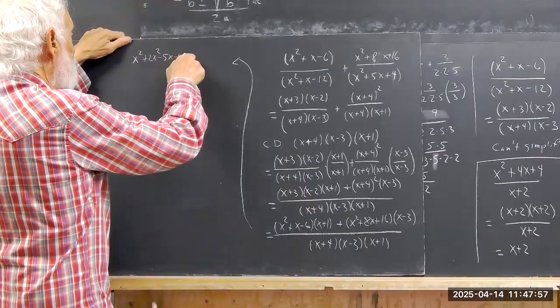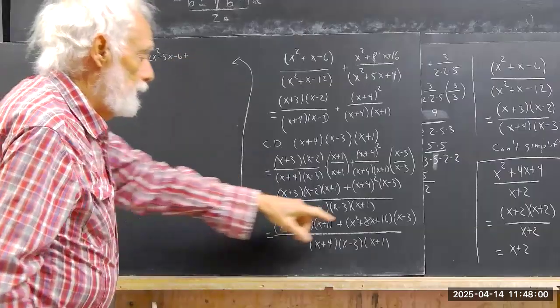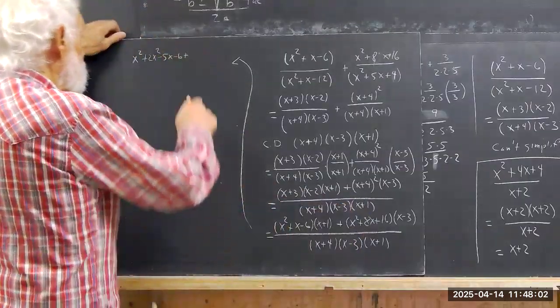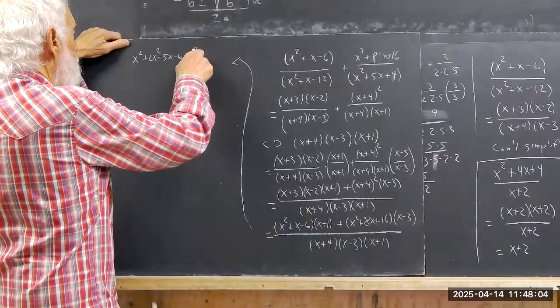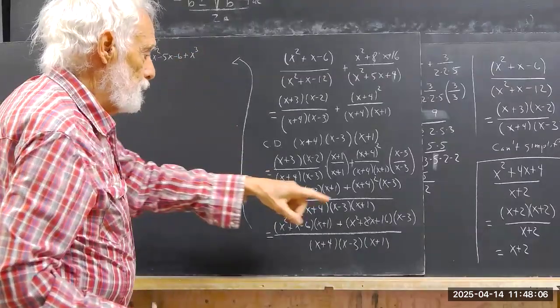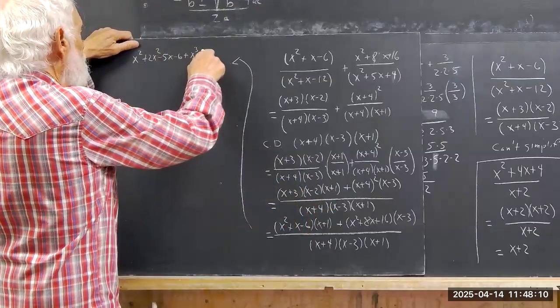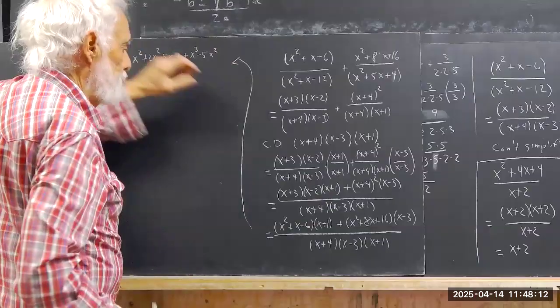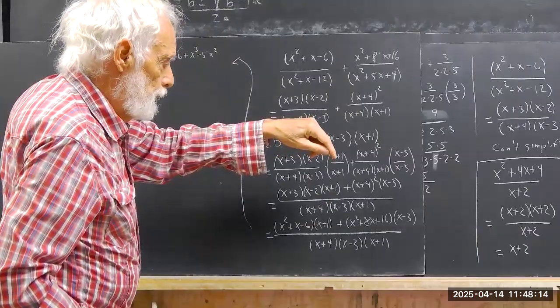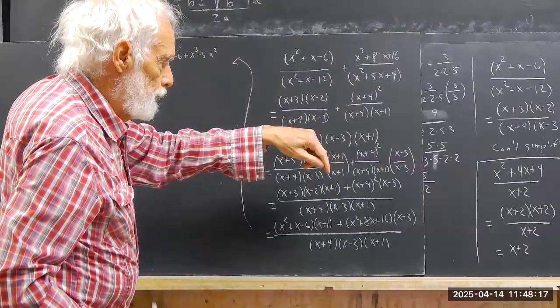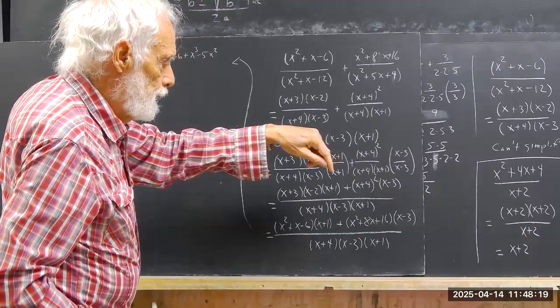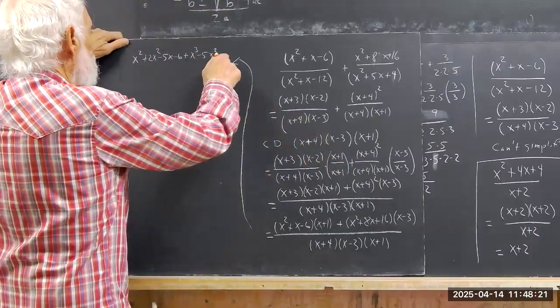And then the second fraction is going to give us another x cubed. And then we're going to have 8x squared minus 3x squared, which is 5x squared. And we're going to have negative 24x and 16x, which is negative 8x.